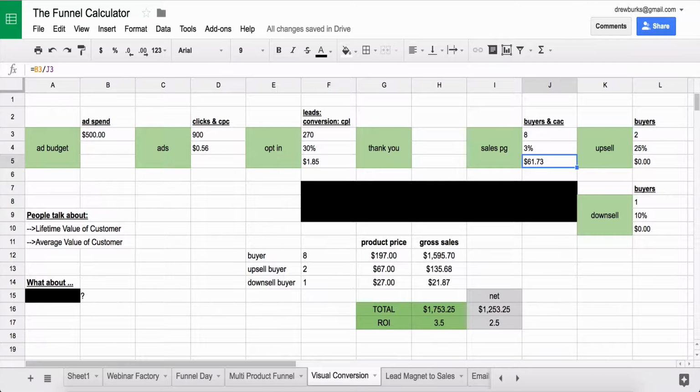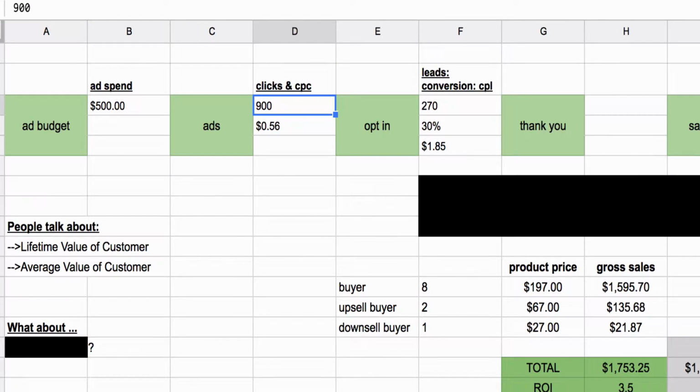So we're going to spend $500, and obviously we don't know this number right now. So all these numbers are somewhat arbitrary, but what you're learning here is that you're going to spend this much money, you're going to get this many clicks. Now, once your ads run and you get this many clicks, you'll determine this number, right?